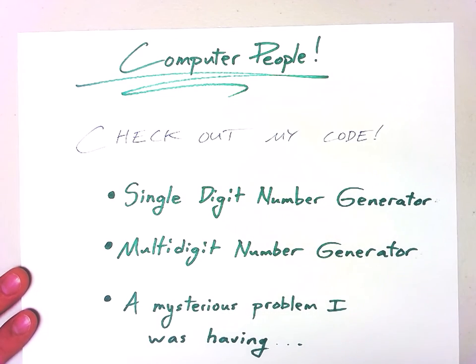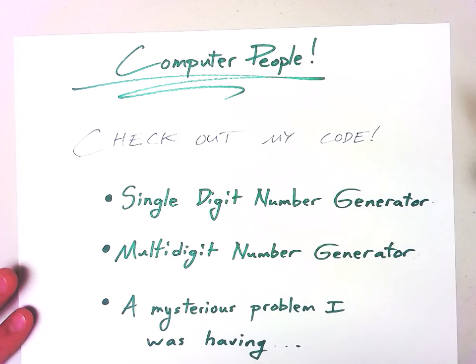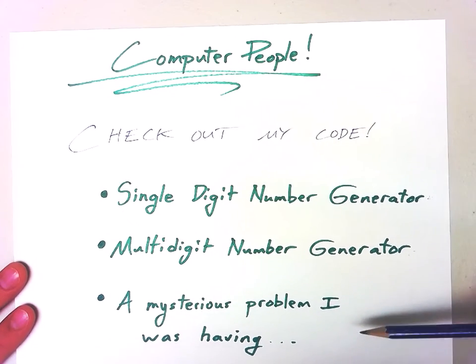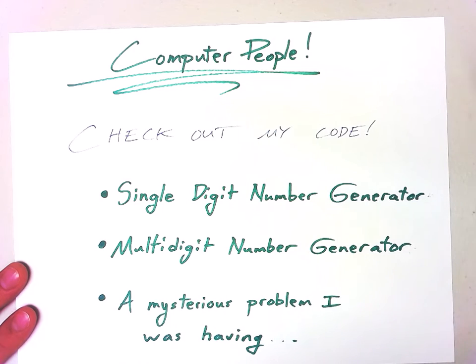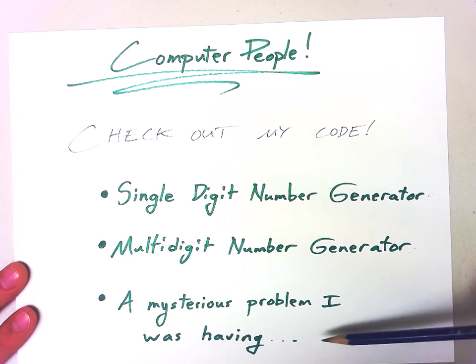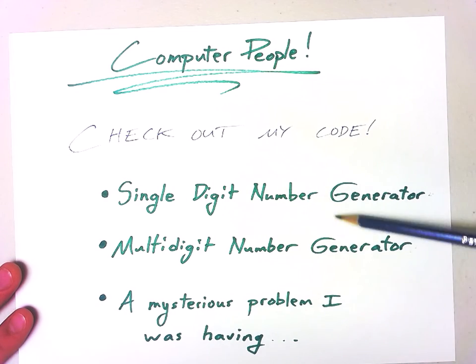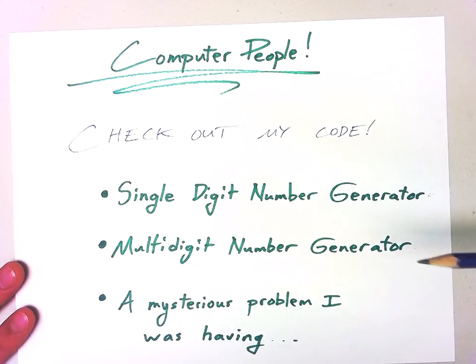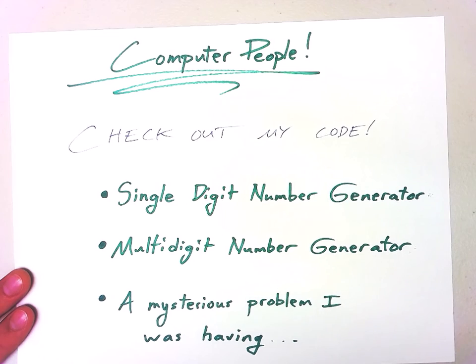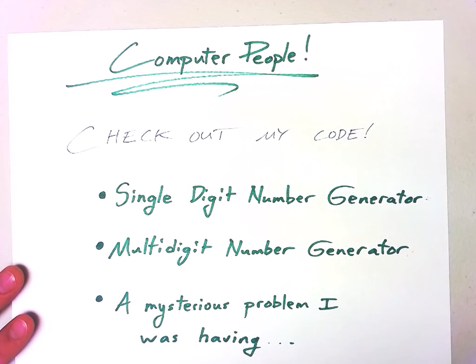And then one interesting thing, it's more on the how computers work side than the math side, but it does show some interesting mathematical patterns, is a problem I was having while I was trying to build these, where I was coming up with some really weird results.